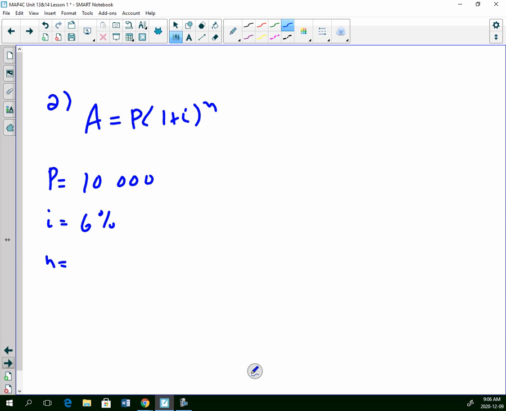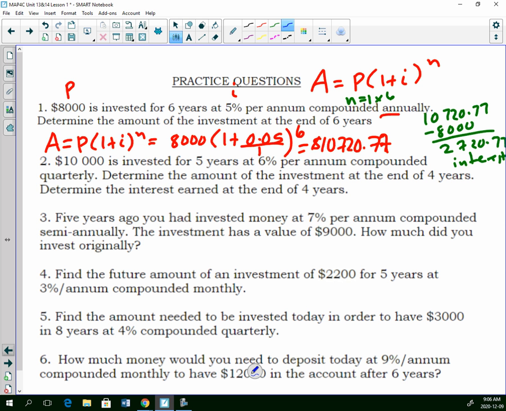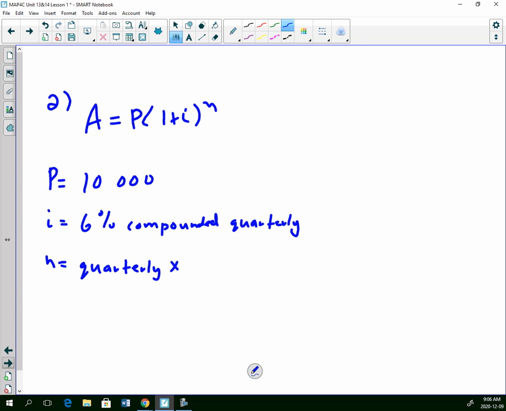So N is quarterly, and it is invested for 4 years. Okay?